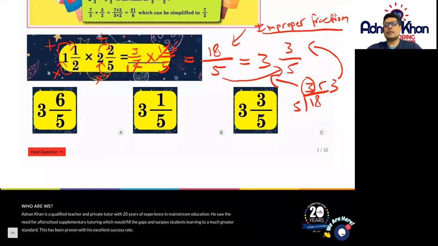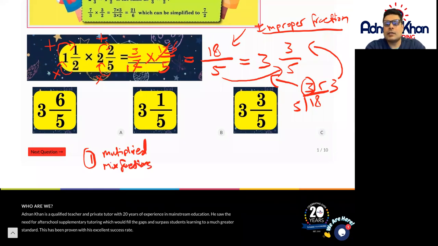So what we've done is we've multiplied the mixed numbers and we've turned it into an improper fraction. And because it's an improper fraction, we need to turn it into a mixed number again. So first of all, we multiplied the mixed fractions.